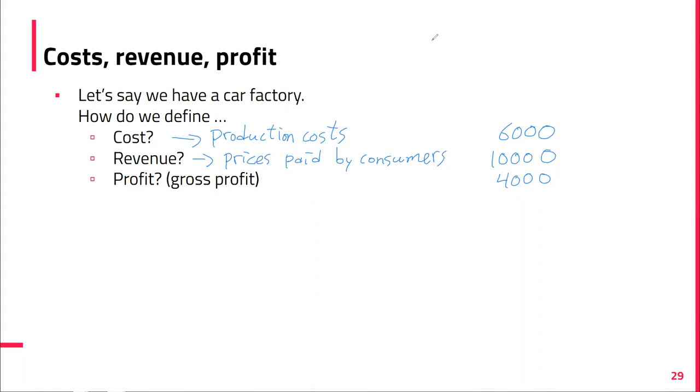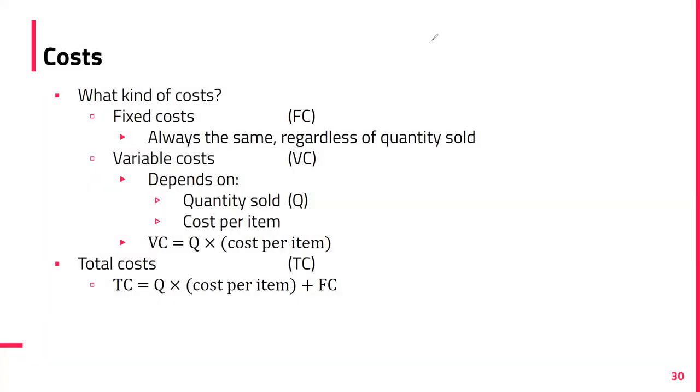Okay, so we'll get a little more definition about each of these things here and some terms. If you haven't seen these already in your microeconomics class, it'll come up soon, but we have a standard way of talking about costs. We have fixed costs and variable costs.